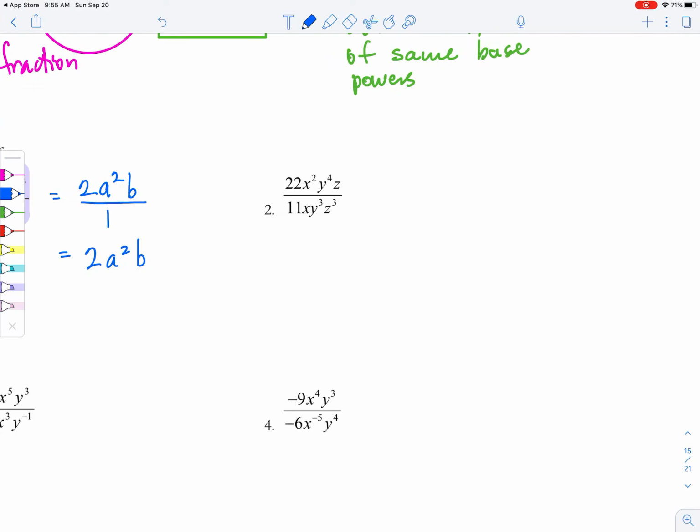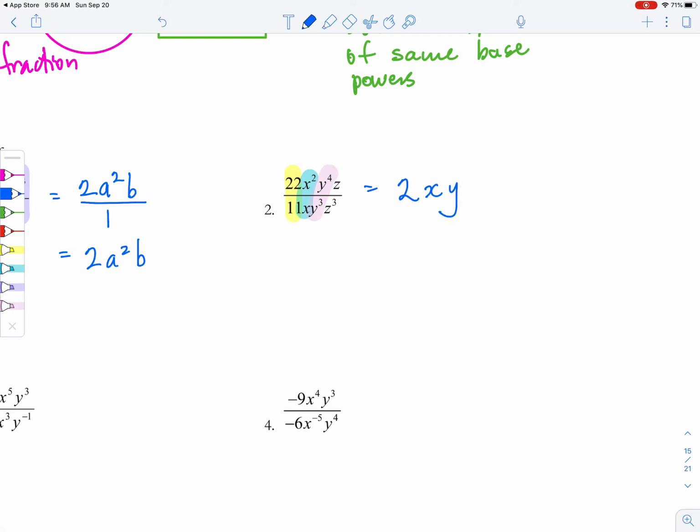Question 2, looking at the numbers. So the numbers, we have 22 over 11. That gives 2. Then looking at the x's, 2 x's up, 1 x down, so up top wins by 1. Looking at the y's, 4 y's up top, 1 down low.